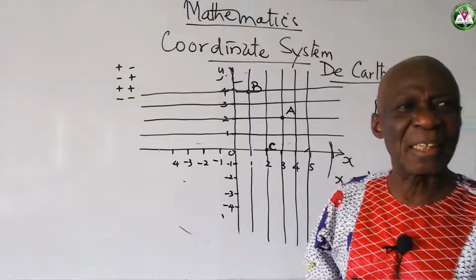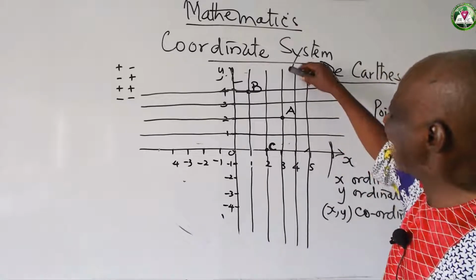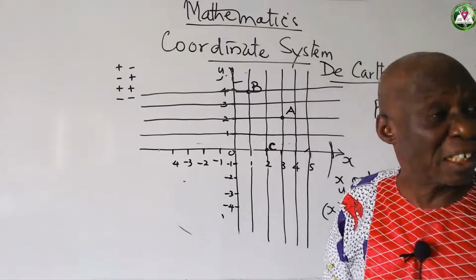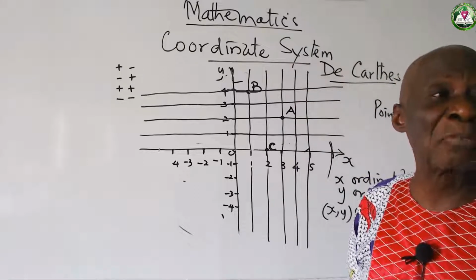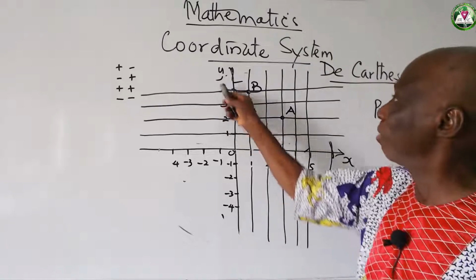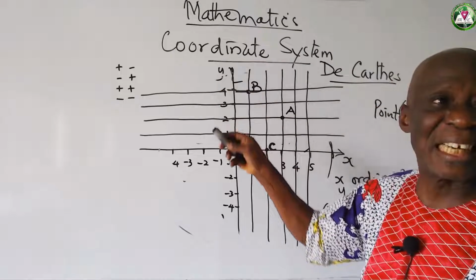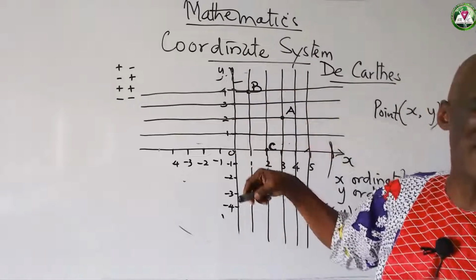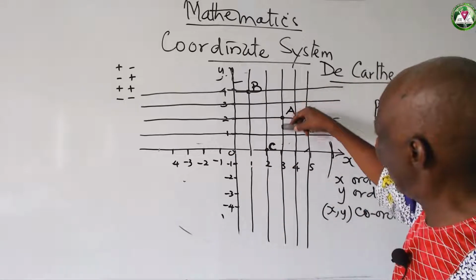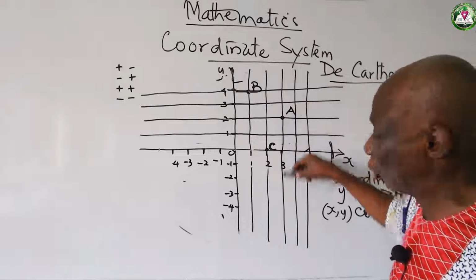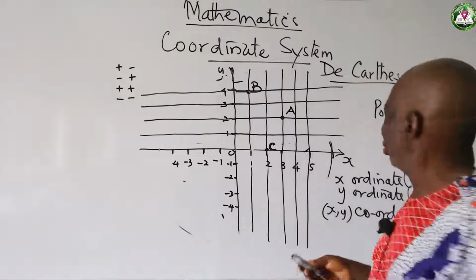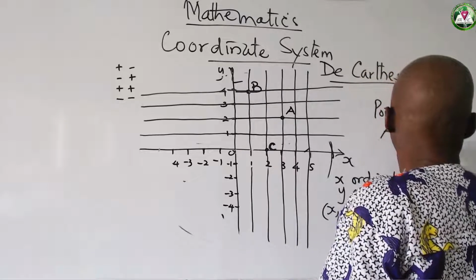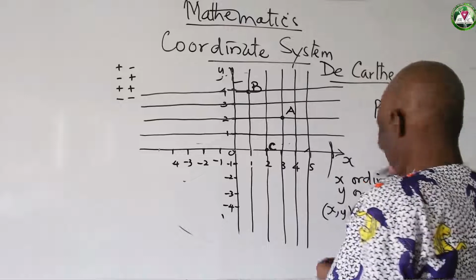Good. That's correct. It means you look at the line that is passing through A, coming to X. You know the X-axis is the one that is horizontal. You don't have to go to the left. If you go to the left, you are going to the Y-axis. You see Y is written there. But here, X is written here. So from the point towards the X-axis. From A towards the axis. It is the line that passes through what? 3. Good. So, point A, X is 3 there.